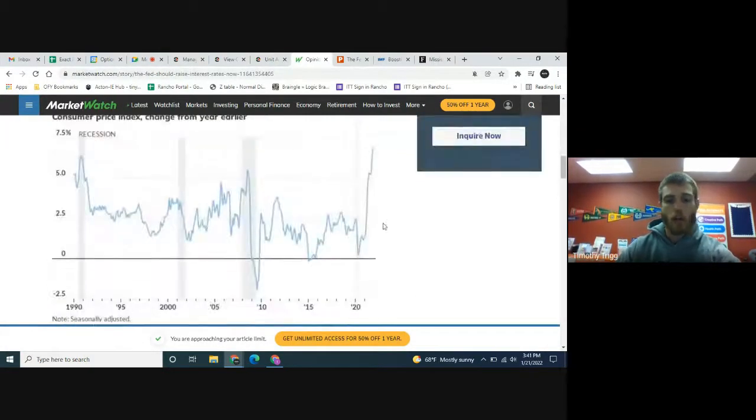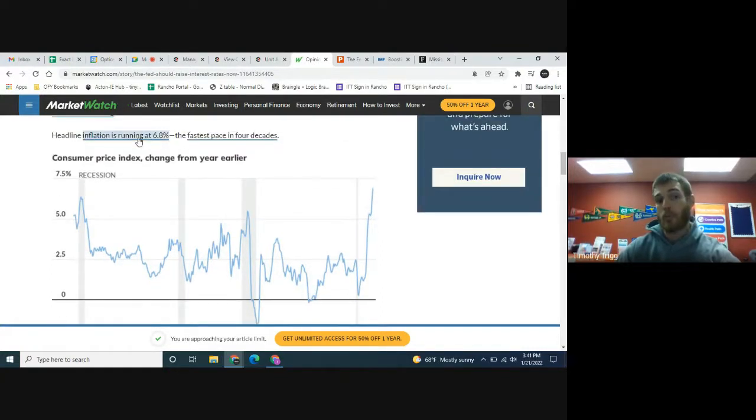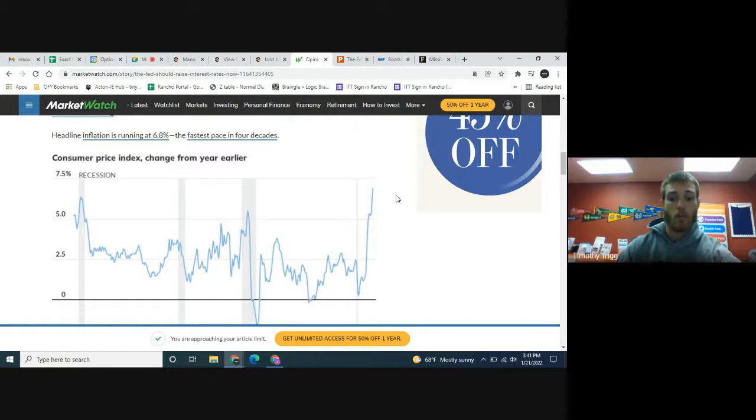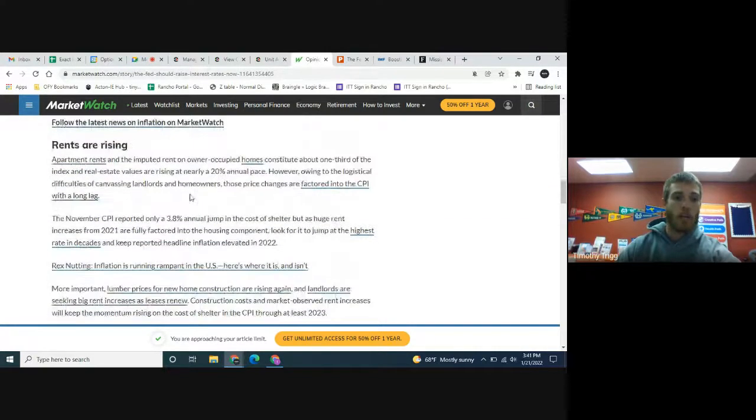Here shows this chart about inflation, and you can see the current inflation rate is all the way up to like 6.8%. It says it's actually up to 7% in the latest numbers from December 2021. So he talks about rents rising, right?